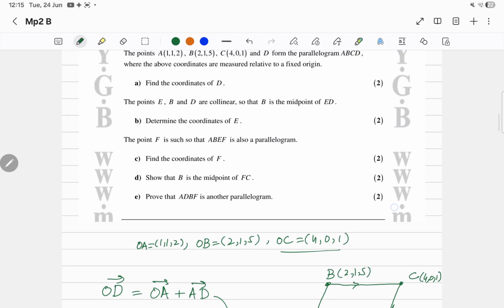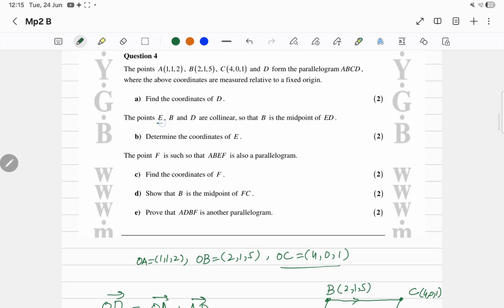Okay, so the next part: the points E, B, D are collinear, so that B is the midpoint of ED.